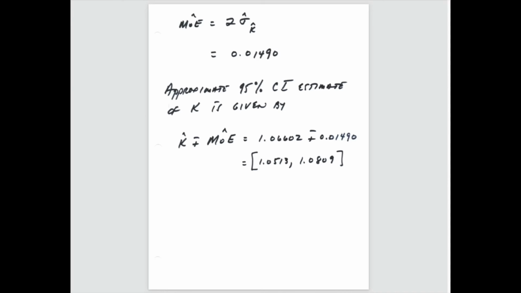And so what we can say here at this point is, based on the data, we are approximately 95% confident that the proportionality constant relating mu sub y to mu sub x is somewhere between 1.0513 and 1.0809.